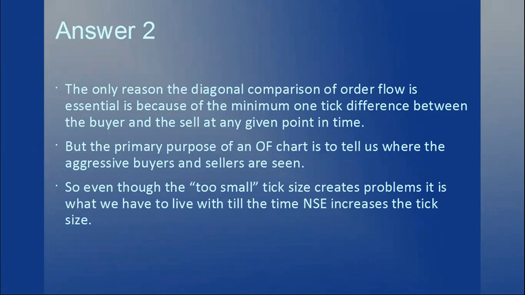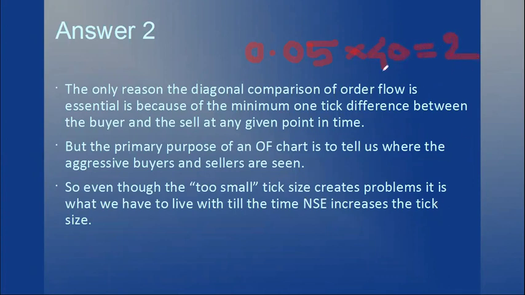So even if we do not use one cell of one tick, in the case of Nifty I use one cell which is of 40 ticks, and that comes to around 2 rupees. The calculation is simple: 0.05 is the tick size for Nifty, and if you multiply it by 40, the answer comes to 2.